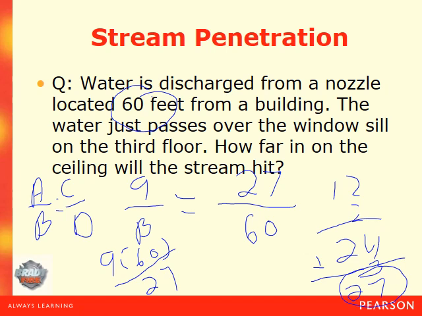So 9 times 60 equals 540. And then 540 divided by 27 gives us an answer of 20 feet. So B equals 20 feet.